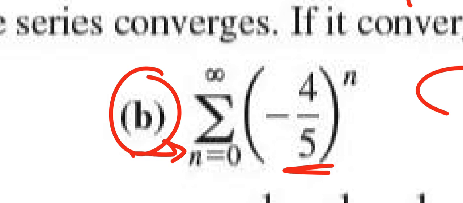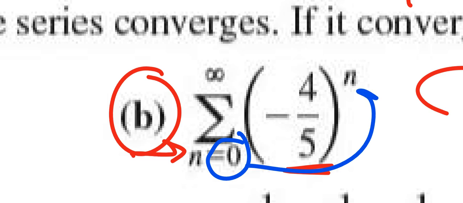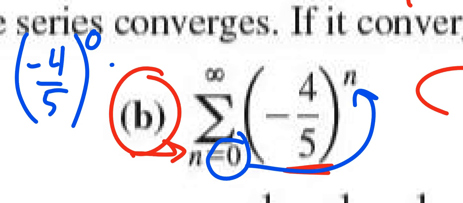So I promise that I will not try to trick you with something like this. What do you have to plug in here to find the first term? That's weird. So if you plug in a 0 right there, what do you get? Negative 4/5 to the 0 power. Anything to the 0 power is a big fat 1. Yes, the first term is a 1.